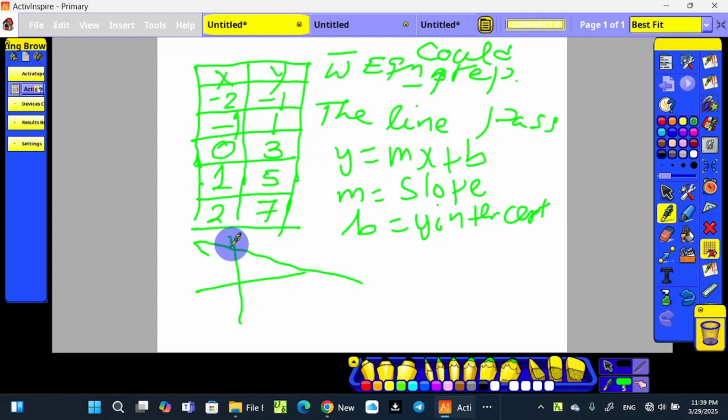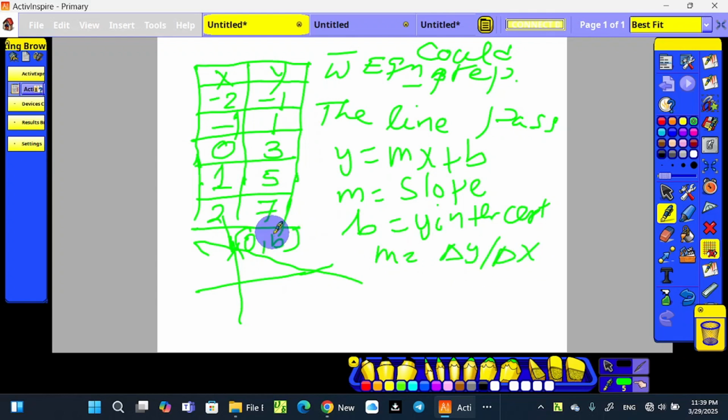This is the y-intercept. The slope m is equal to change in y over change in x.